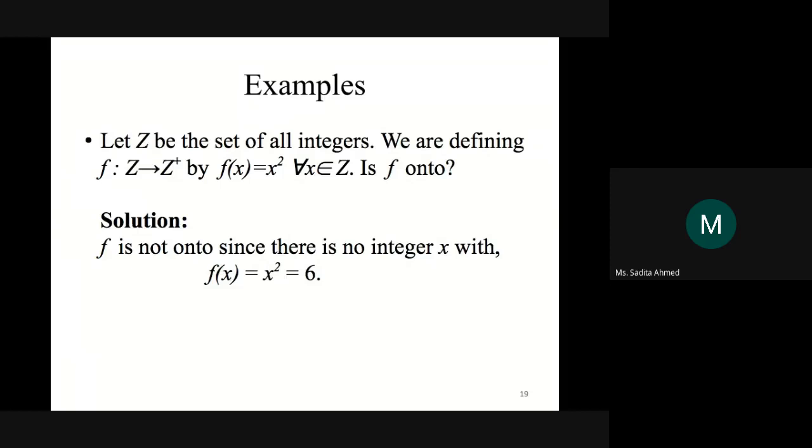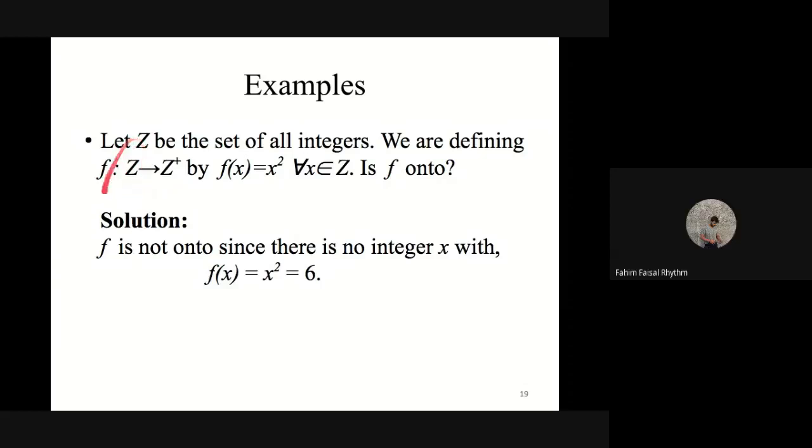So anybody else has any observation or any questions? Miss, I didn't exactly get what he said. Like 0 is not a real number. 0 is a real number. That is the problem. 0 is a real number, but it's not a positive real number. So if it's R to R plus, in that case, 0 is in the domain, right?